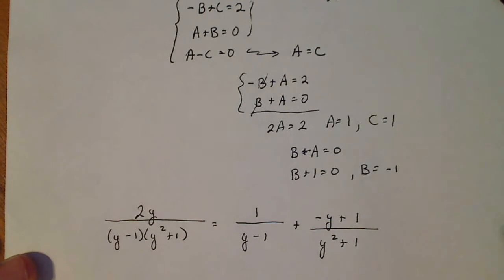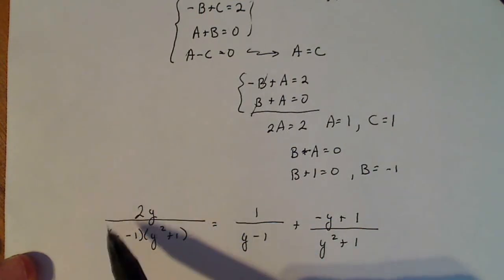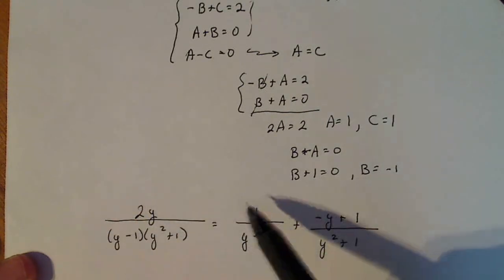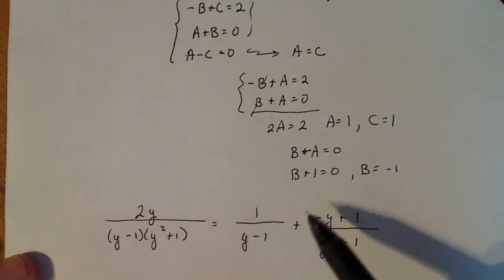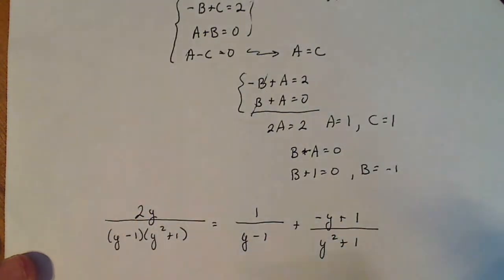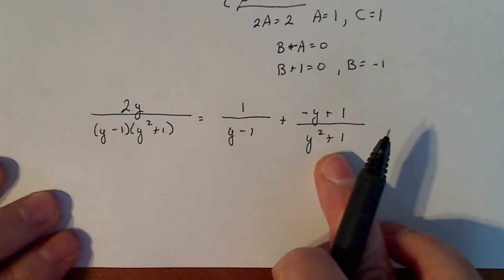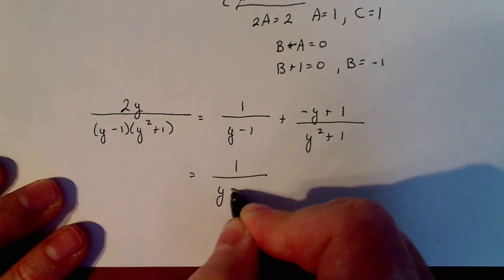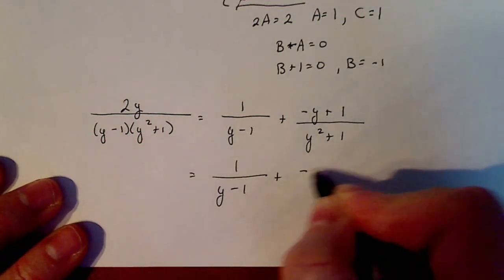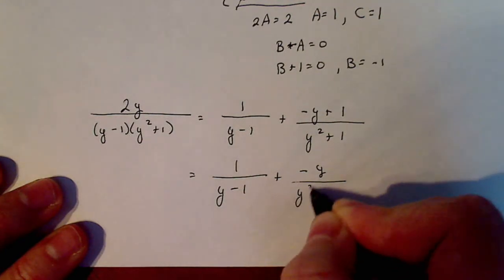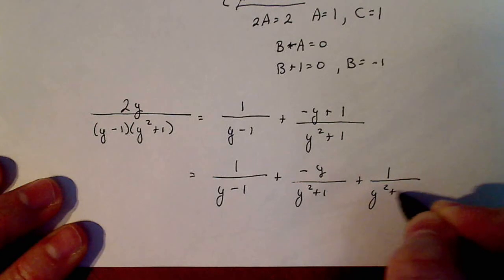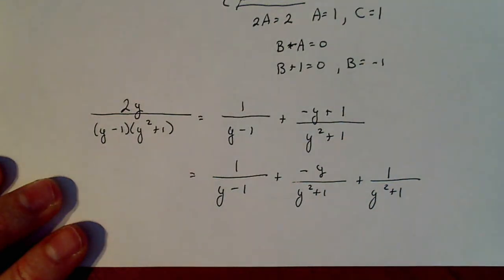And then from there, normally this is the original thing that you were integrating with respect to y. Now instead of integrating that term, you integrate the sum of these two terms, and it shouldn't be too bad. If you're going to continue integrating, I'll tell you, integrating this guy as is probably won't work very easily. So let's just rewrite this as minus y over y squared plus 1 plus 1 over y squared plus 1. And then it should work.